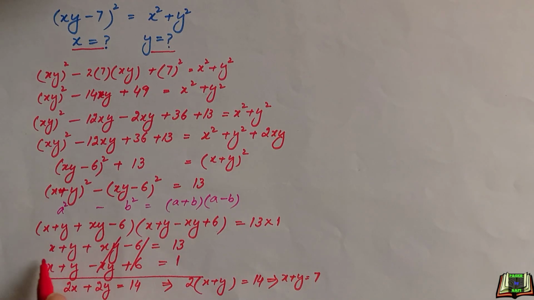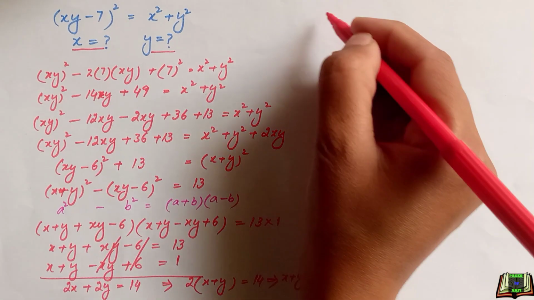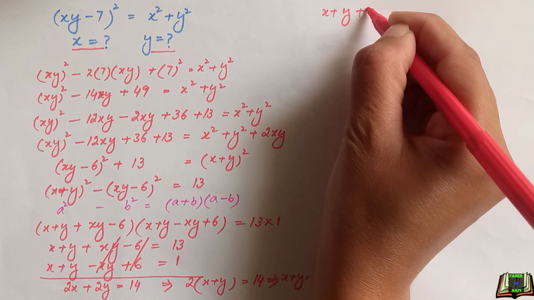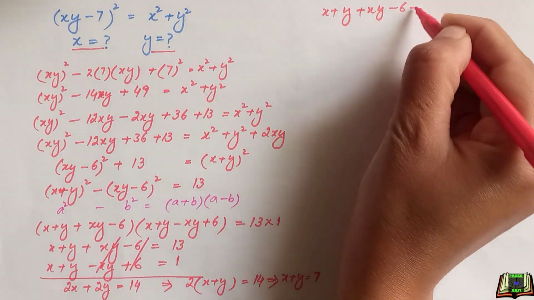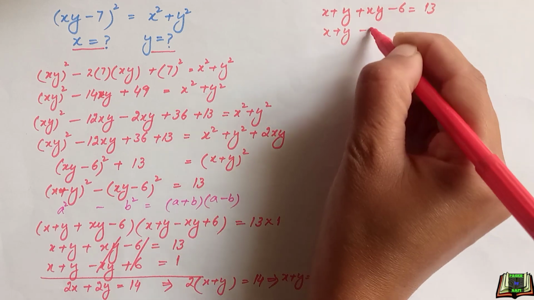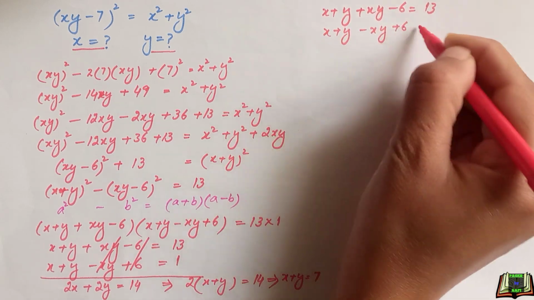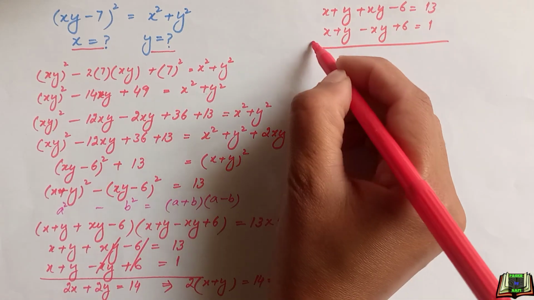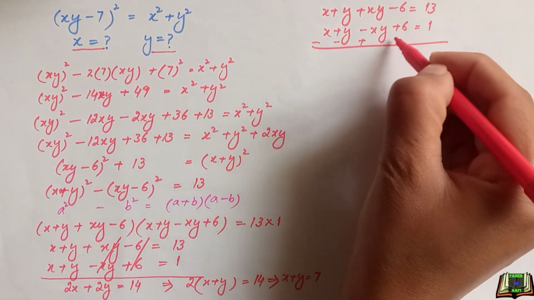First we added these two equations, but now we are going to subtract these two. The equations are x + y + xy − 6 = 13 and x + y − xy + 6 = 1. If we subtract these two equations, the signs will change.